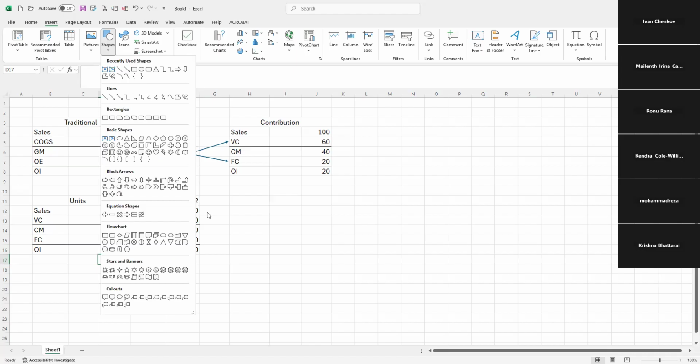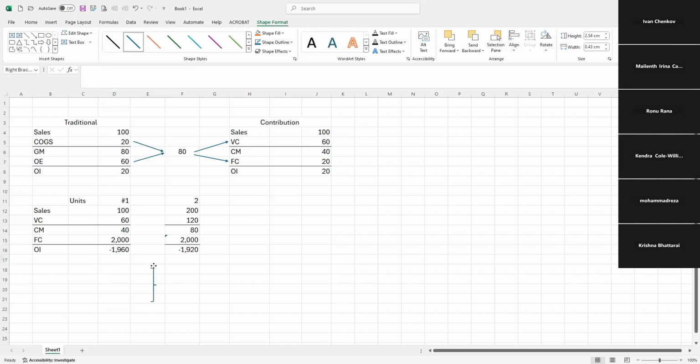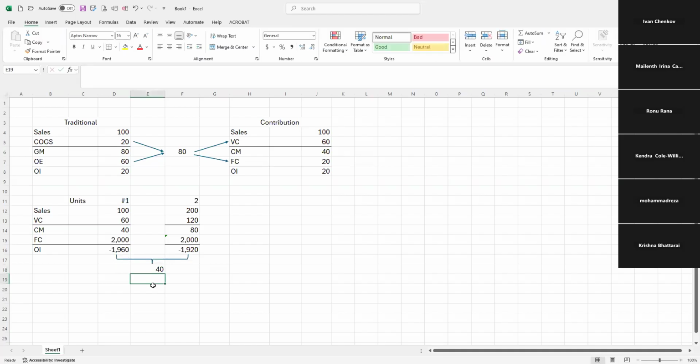Let me move it a little bit, and now the exact difference between those two is $40. Where did the $40 come from?